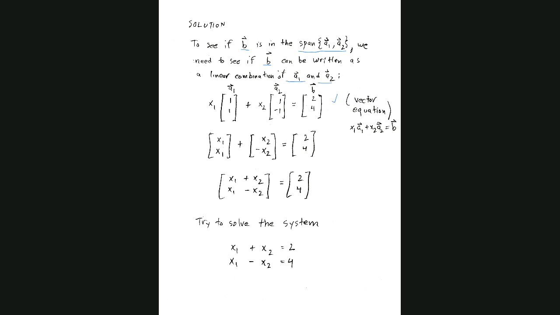Okay, so section 1.3 deals with vector equations. And vector equations are equations that have vectors in them. You're going to get a geometric feel for what a span is in a moment here. But basically, if B is in the span of these two vectors, A1 and A2, then B would be able to be written as a linear combination of A1 and A2.